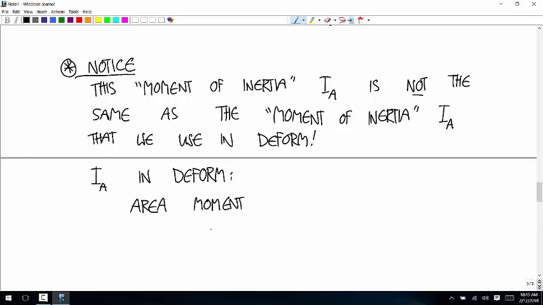Okay, so the one in that form is called the area moment of inertia, not the mass moment of inertia, about a point.